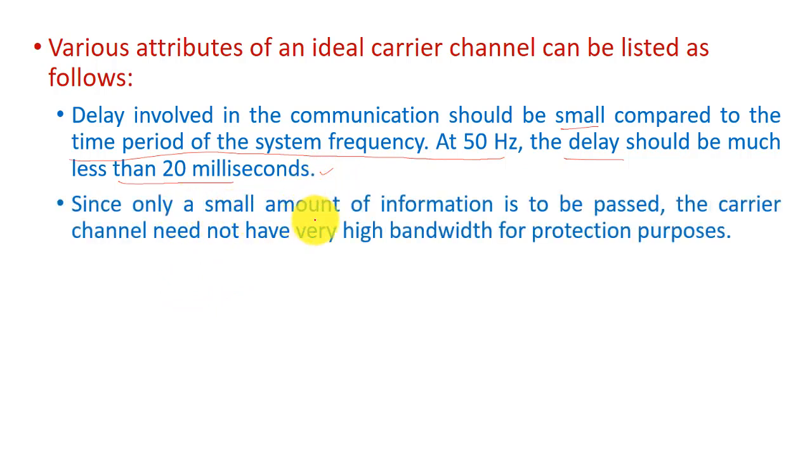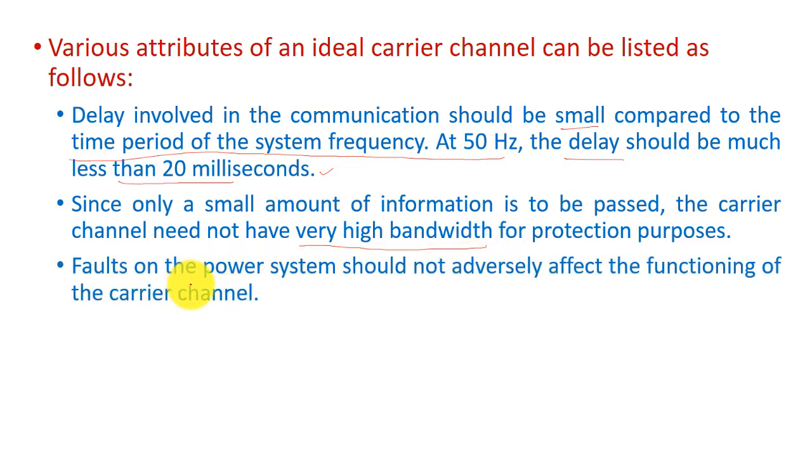Since only a small amount of information is to be passed, the carrier channel need not have very high bandwidth. We don't require very high bandwidth, but we need a faster channel which can transmit the information very fast. Faults on the power system should not adversely affect the functioning of the carrier channel.